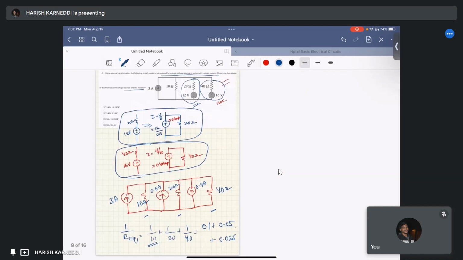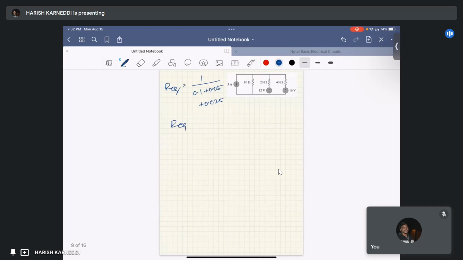Okay, that equals R equivalent equal to 5.7142.